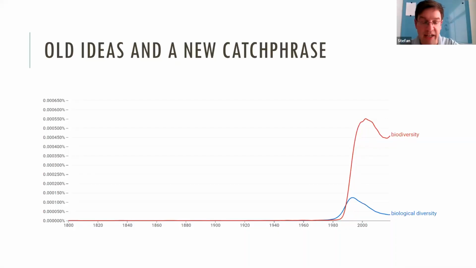And you can actually notice that although the idea, the marveling at diversity, is very old and can already be found in the 16th and 17th century, also under the name of diversity, the word biodiversity is actually very recent. It was only coined in the mid-1980s. Even the longer expression biological diversity was not really in use before.